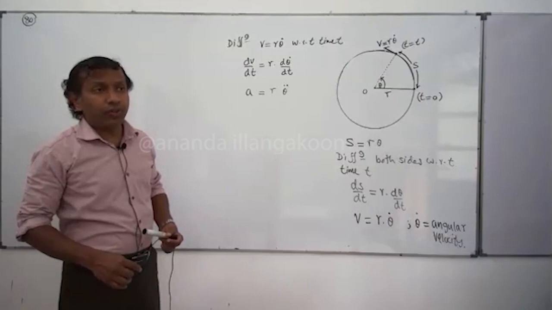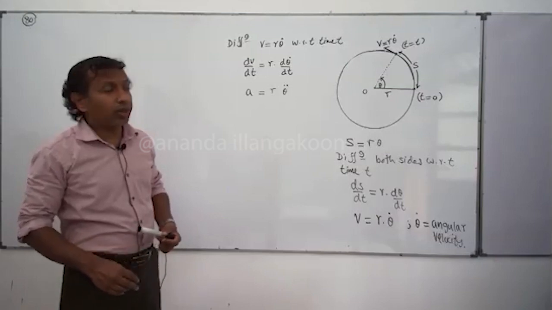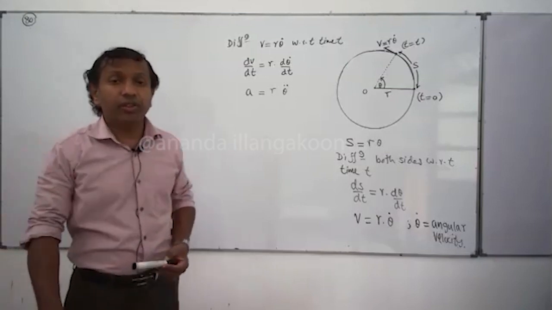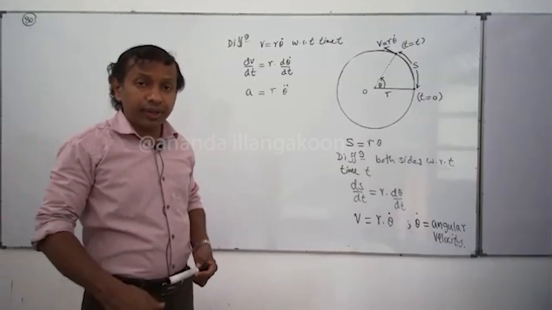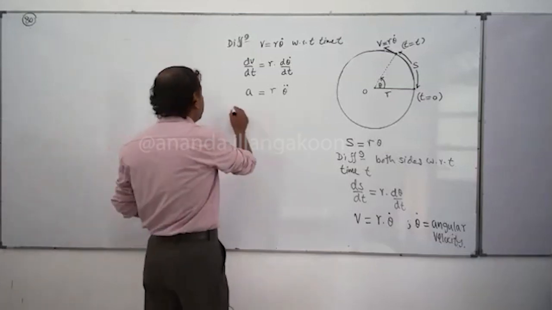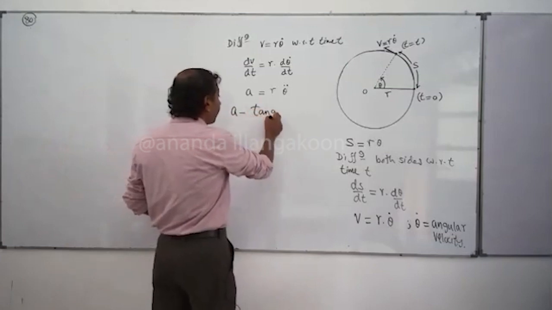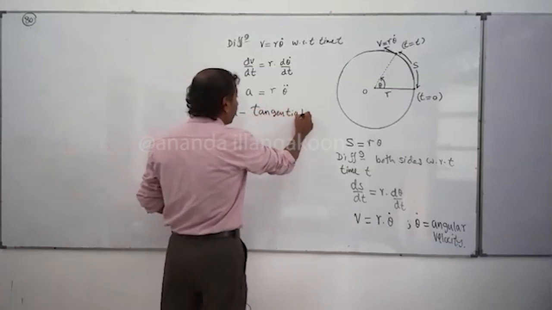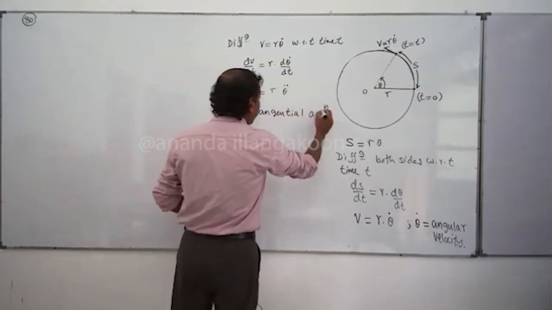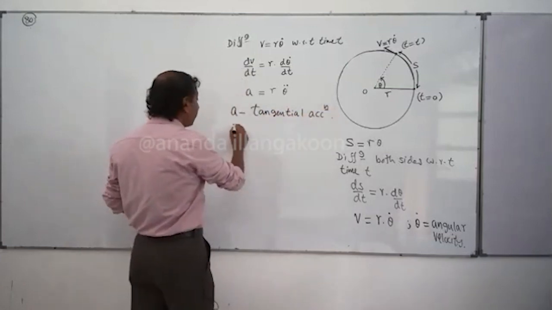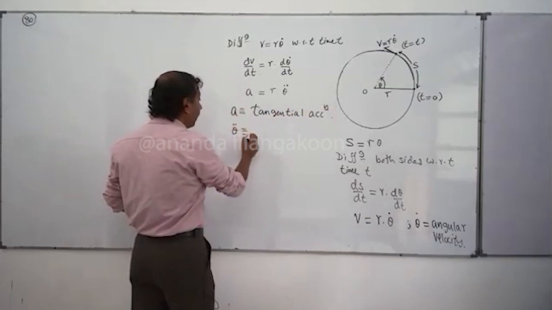Rate of change of velocity means acceleration. So theta double dot means angular acceleration. So here A is the tangential acceleration, and theta double dot is the angular acceleration.